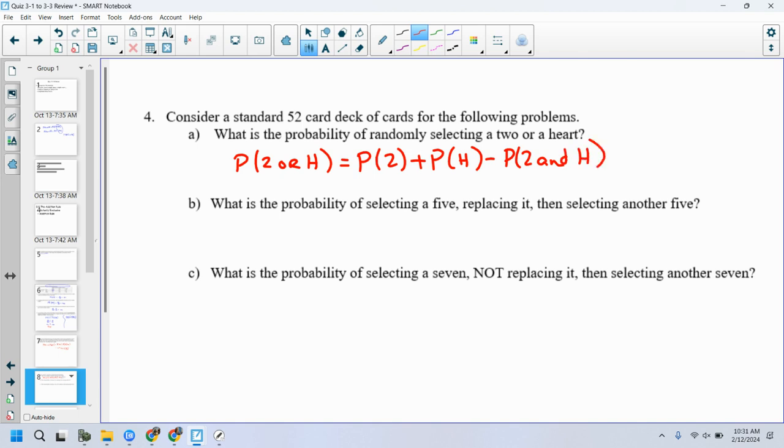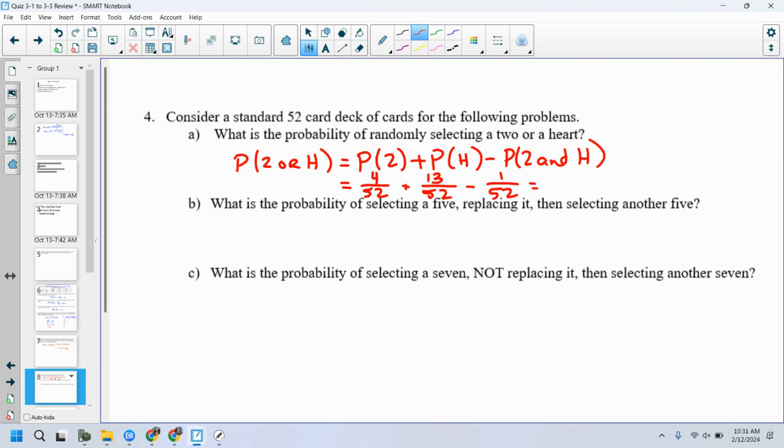Probability of 2 or heart is probability of 2 plus probability of heart minus the overlap, 2 and heart. Okay, how many 2s are in a deck? 4. How many hearts are in a deck? 13. Right? Minus, how many 2 of hearts are there? 1. Okay, so this is 4 plus 13 minus 1.